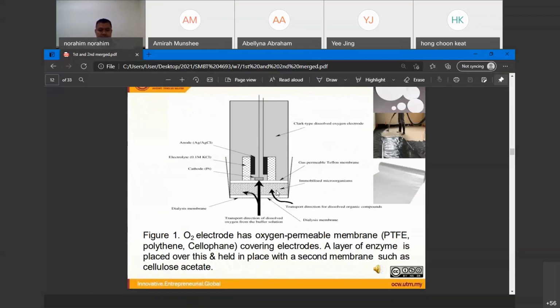This is the schematic diagram of the electrode. You see here, the oxygen electrode has an oxygen-permeable membrane. What is this membrane made of? There are 3 different materials used to construct this membrane, which are PTFE, Teflon.